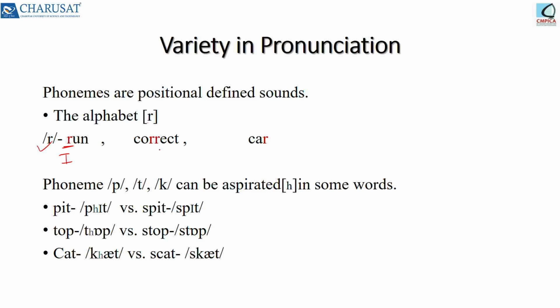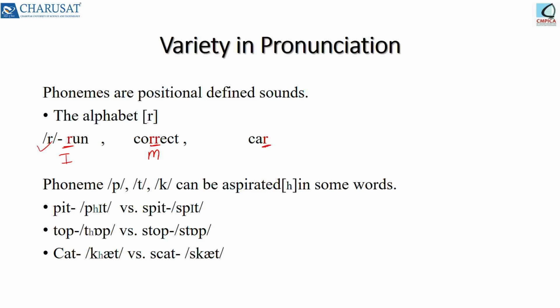When it is coming as a middle sound, it would be pronounced as R, right? Run would be R. Run is very long. Over here, it would just roll again. Correct, right? Run, correct. So correct has the middle sound R.